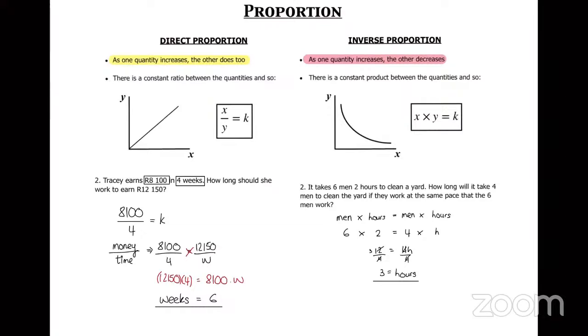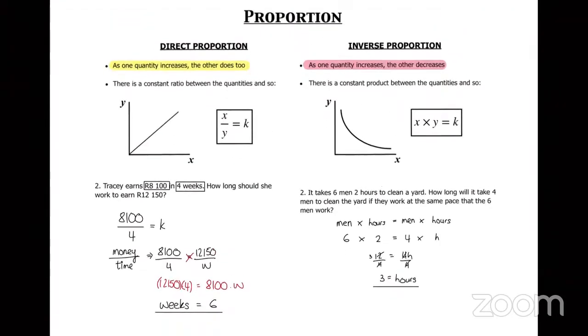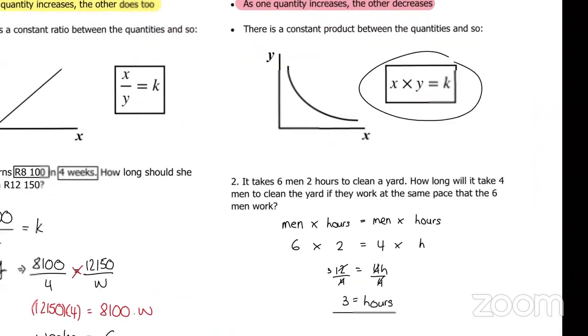There is a constant product between the quantities, and so x times y is equal to k. So for direct proportion, you will put your quantities as a fraction and equate them to each other like this. But for inverse proportion, you will put them as a multiplication, as a product, and you will equate them to each other again like this.